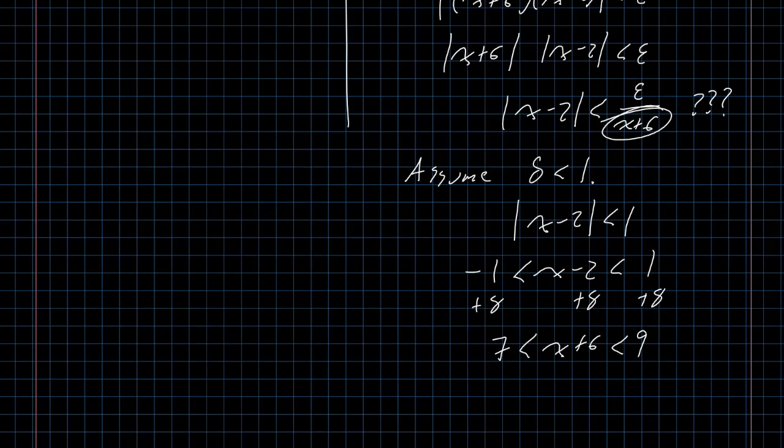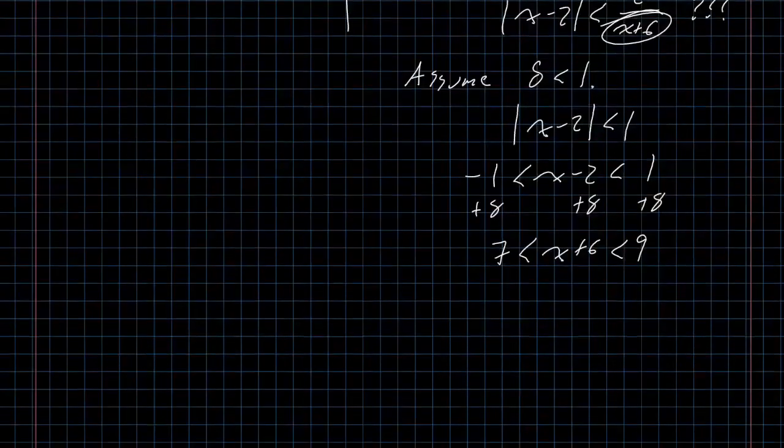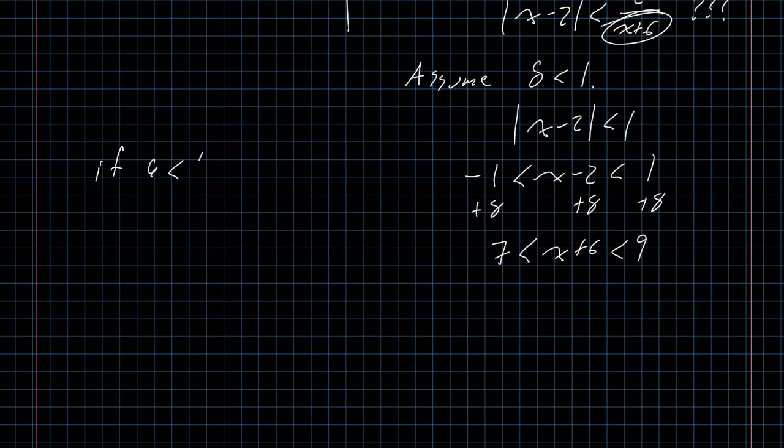And that's getting us somewhere, but our x plus 6 is in the denominator. So remember, if we take reciprocals, that changes the direction of the inequality, right? If a is less than b, then 1 over a is greater than 1 over b.